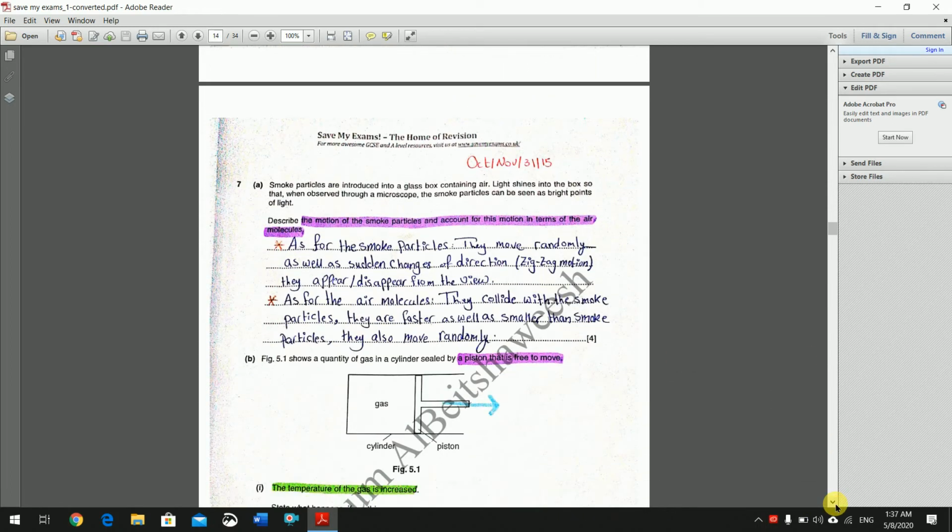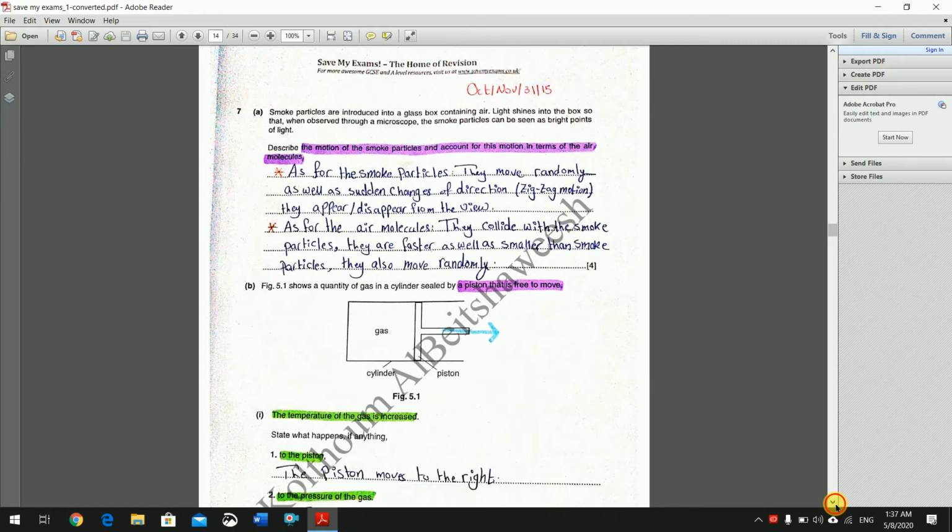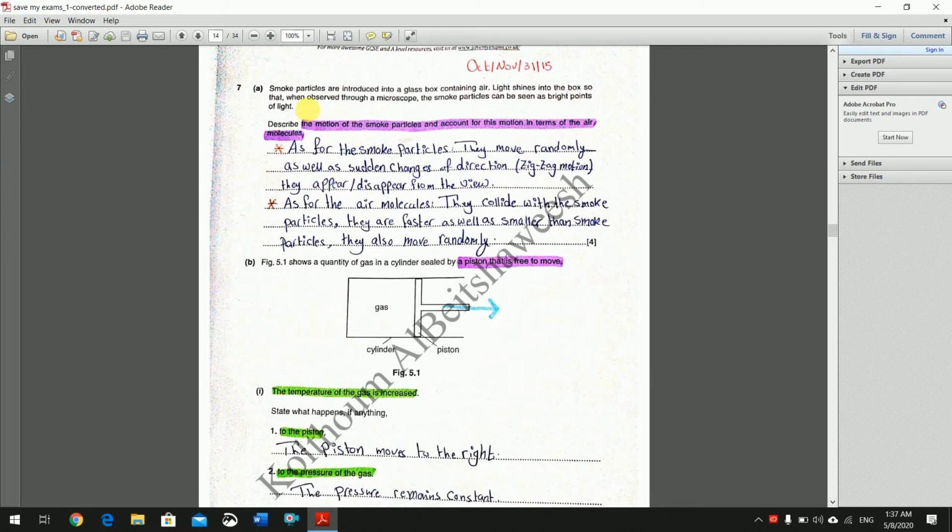Okay. Now let's go to question 7. Smoke particles. This is actually one of the important questions because it is related to Brownian motion. Now smoke particles are introduced into a glass box containing air.